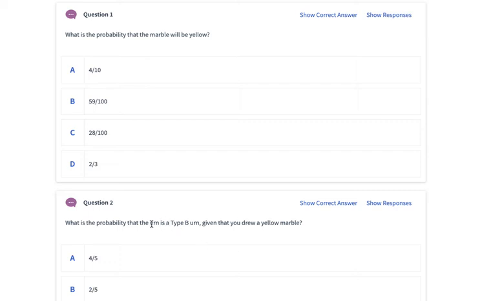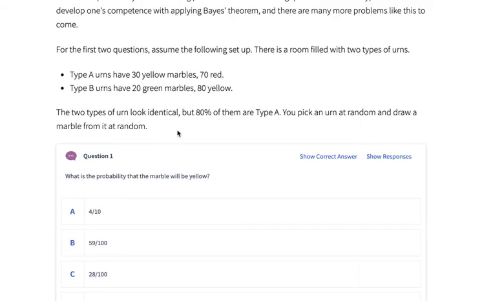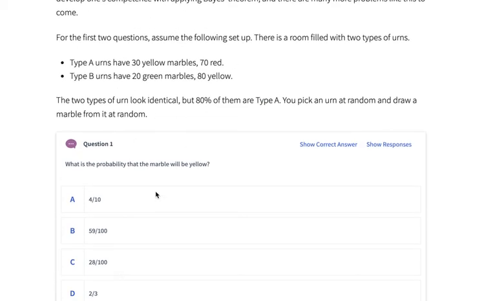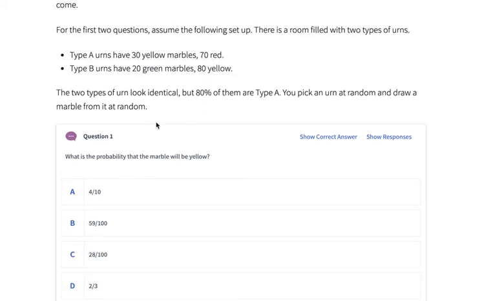So we're asking, what's the probability that the urn you're drawing from is type B, given that it's a yellow marble? And if you apply Bayes' theorem, the short version of it, you'll find that the denominator will be the probability of a yellow. And this doesn't tell us directly the probability of a yellow, but if you apply the law of total probability to the probability of yellow, you'll see that you do have enough information to answer.